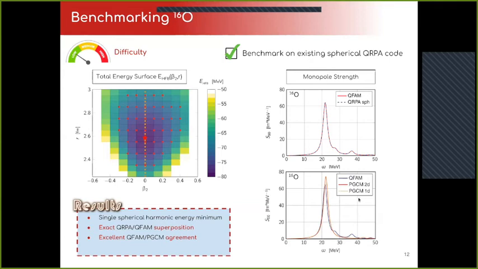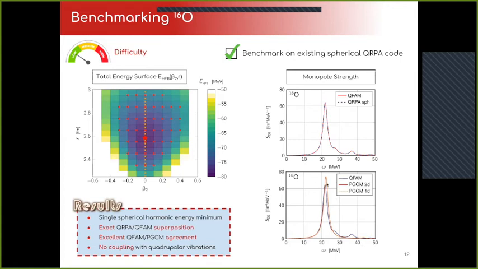In this case, you see that the red and the yellow curve, so the spherical case and the one which was supposed to include also coupling to the quadrupolar mode, are pretty much exactly superposed, so in general we don't have any coupling with quadrupolar vibration, which was mostly expected since oxygen-16 has a spherical ground state.